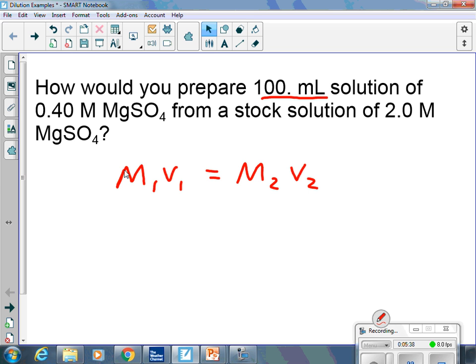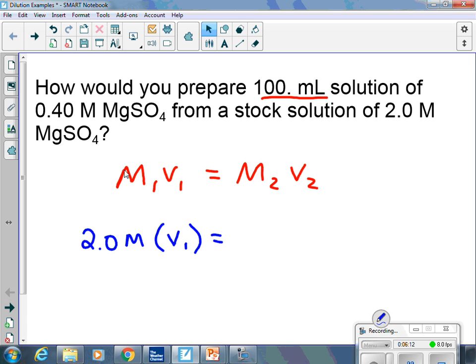Now, I am taking a 2 molar stock solution of this magnesium sulfate. So my very first one is going to be, my M1 is going to be 2.0 molar. Now, I do not know how much of that stock solution I need. So I'm going to put in parentheses V1 because that is my unknown.